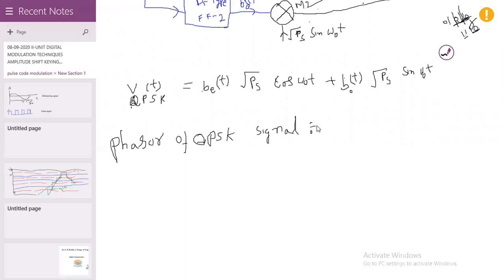Here b e of t is the even data, and b naught of t is the odd data. Even data and odd data. This is the even data, b e of t, and this is b naught of t. First the even data and odd data.